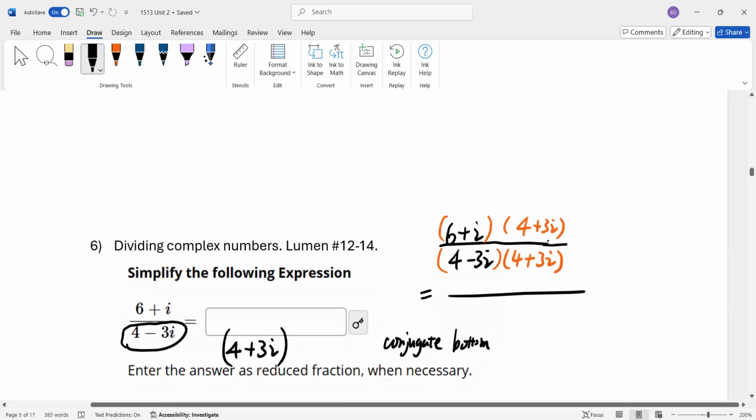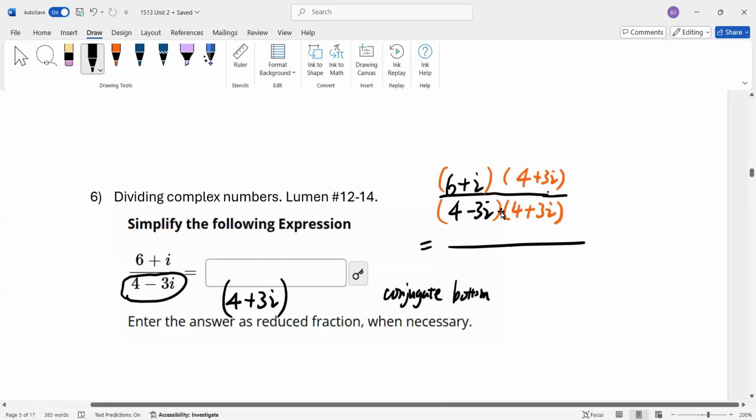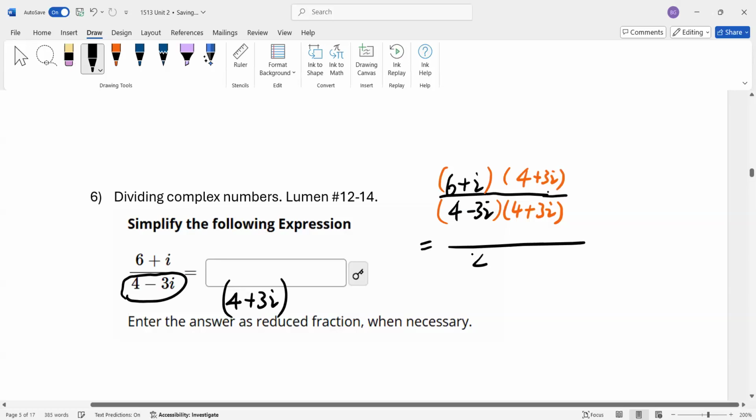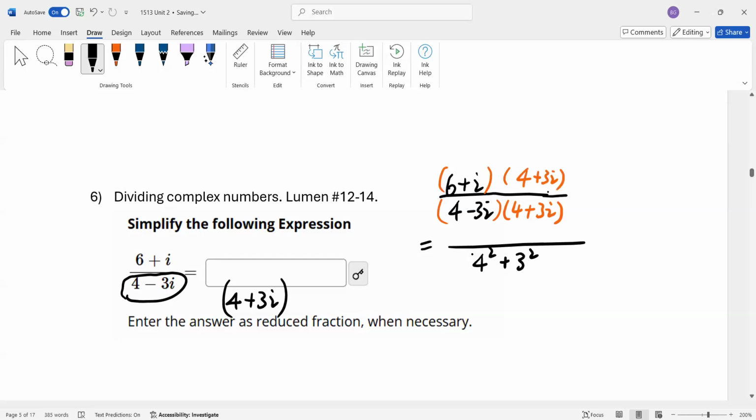Because the denominator, 4 plus 3i and 4 minus 3i, are conjugates, the multiplication is the real part squared plus imaginary part squared. 4 squared plus 3 squared. 16 plus 9, 25. So that's the denominator.